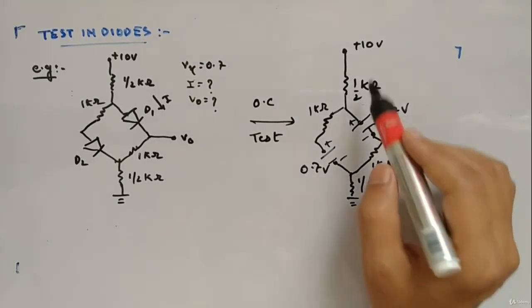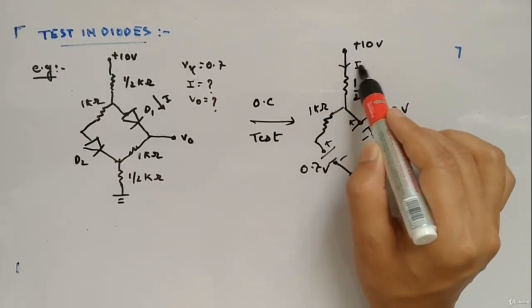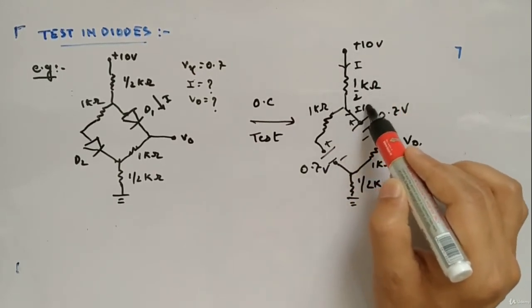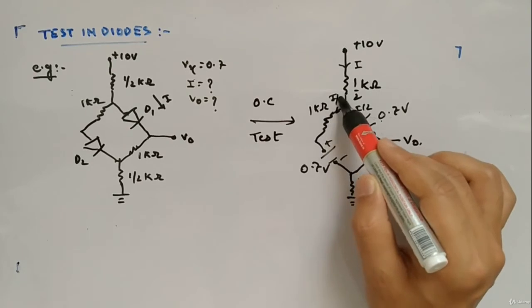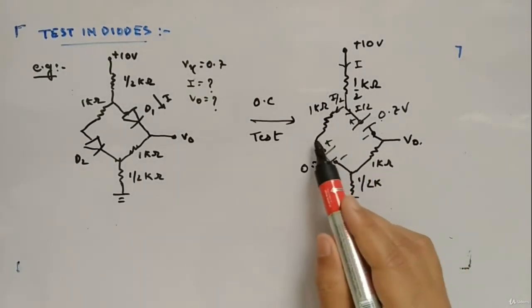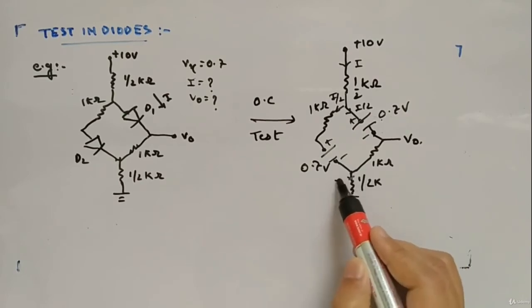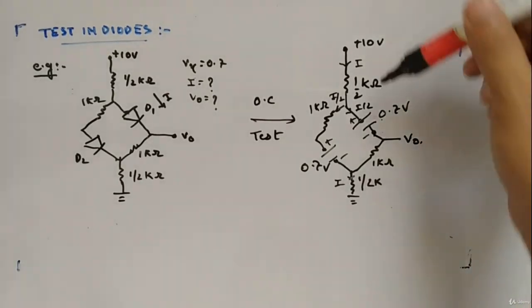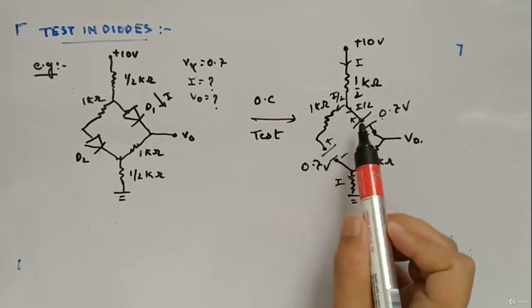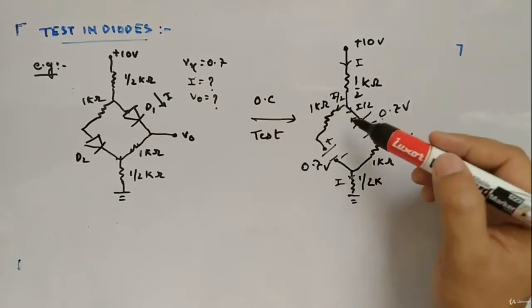So if I is coming here, then this will be I by 2 and this will be I by 2. Again they will come here and merge as I. So I is incoming, and it will split in half within this region.